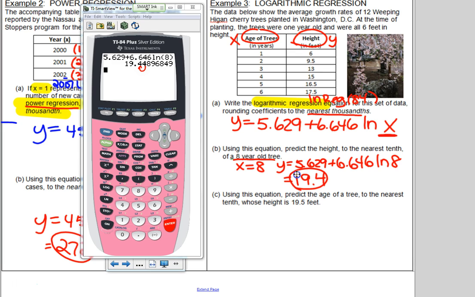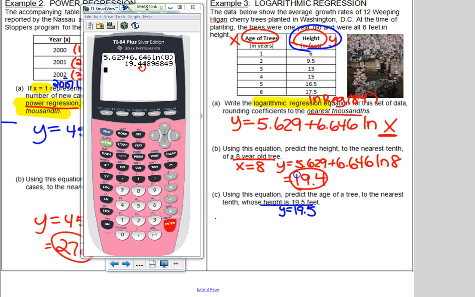Okay, and then lastly, using this equation, predict the age of a tree to the nearest tenth whose height is 19.5. So this time the height is 19.5 and our height is our y variable. Anytime they give you the y variable, this will require solving. So y is 19.5.